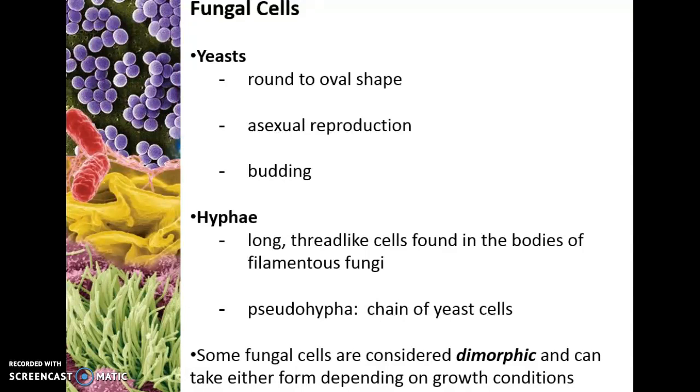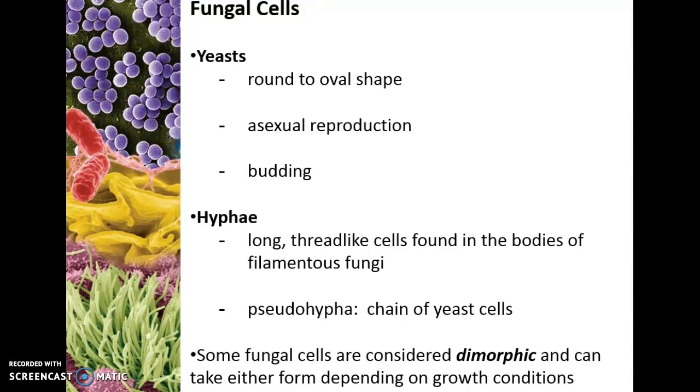Now, an important word to remember is dimorphic. All right, so di is going to be two, morphic is going to be its shape. And so some fungal cells are considered dimorphic because they can take either form, the yeast or the hyphae form, depending on growth conditions. And this is typically going to focus on temperature and moisture.